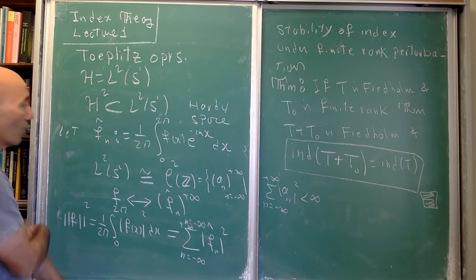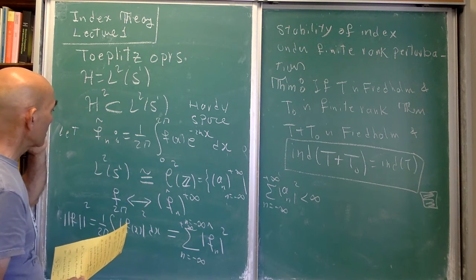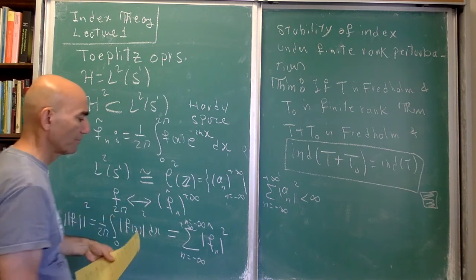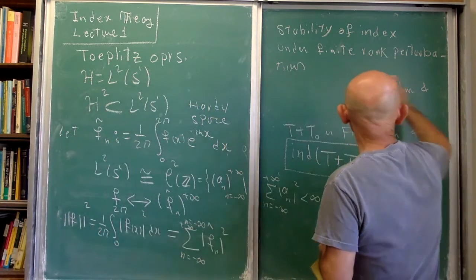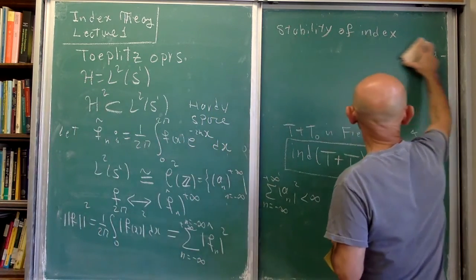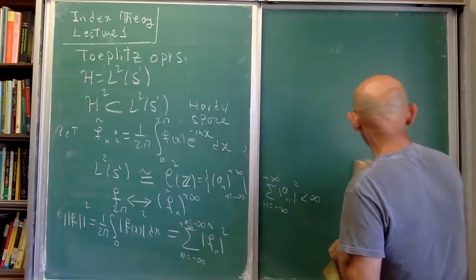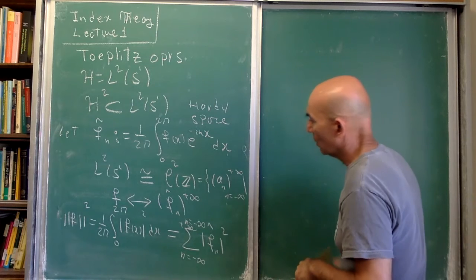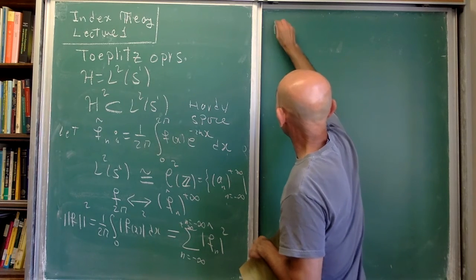So now, what is Hardy space? The Hardy space is the space of all those functions whose negative Fourier coefficients vanish. It's a definition maybe.